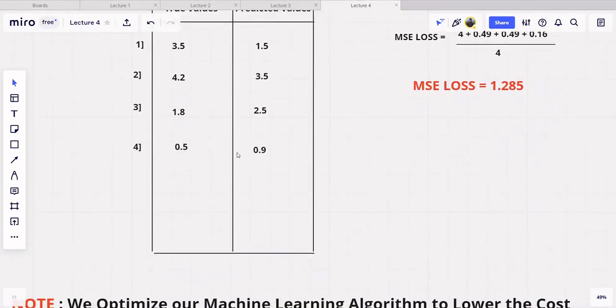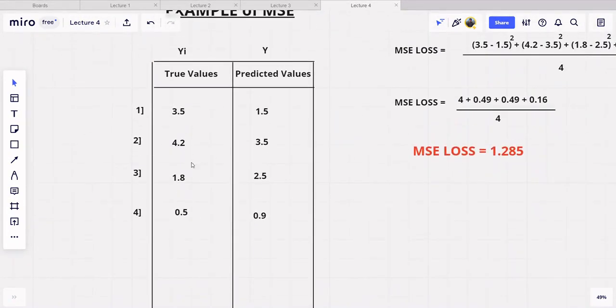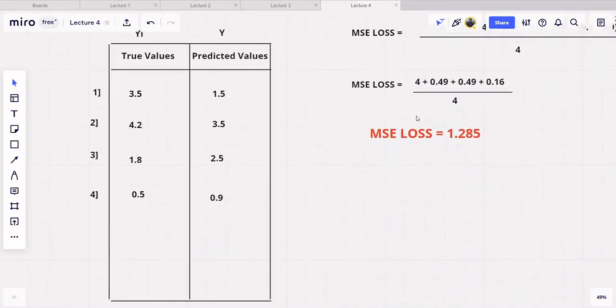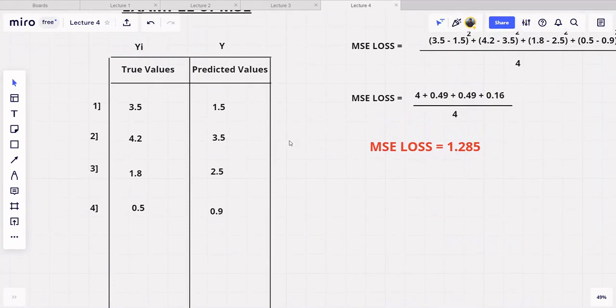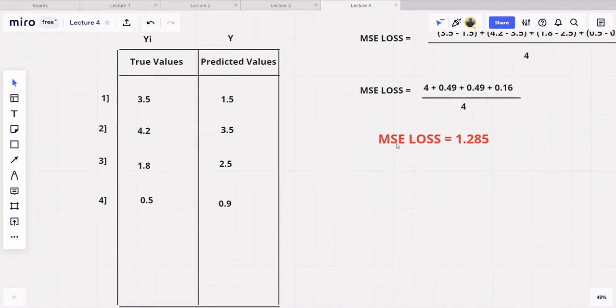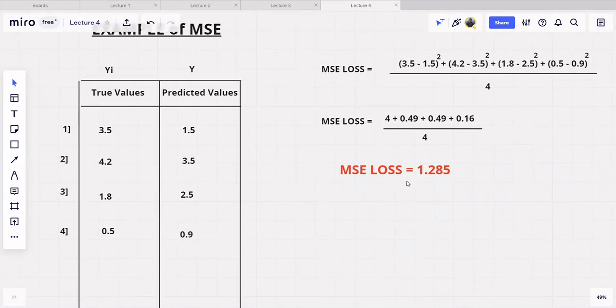Since we have four samples, we divide by 4. The loss that we got after calculating this is 1.285, which is still pretty good since it is close to 0. What we want is to have this value as close to 0 as possible.